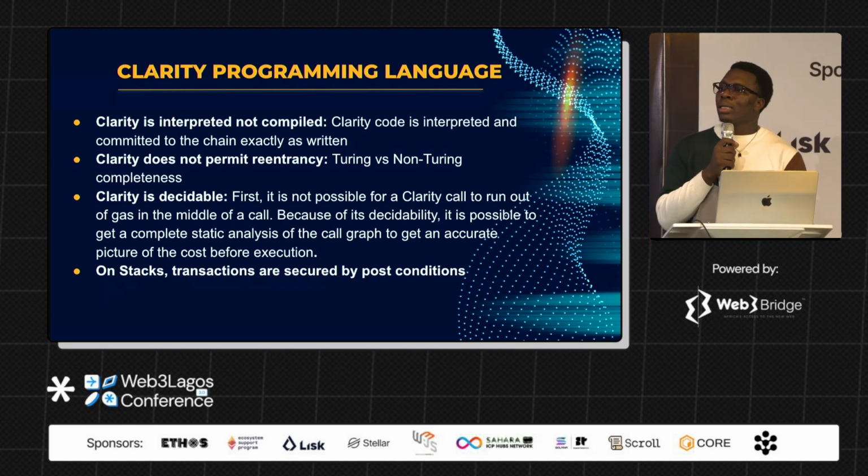But Clarity doesn't give you a full Turing complete system. So the issue of reentrancy is already eliminated with that. This not being Turing complete is why you now say Clarity is a decidable language.